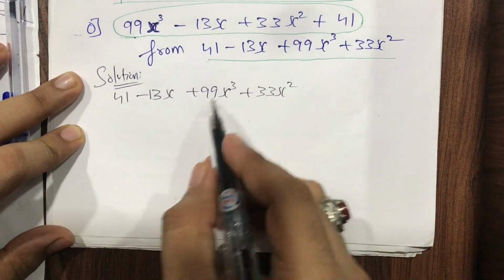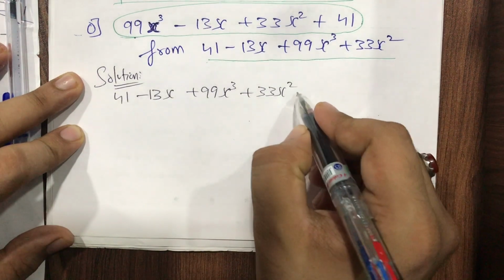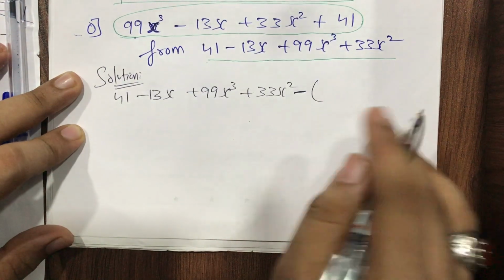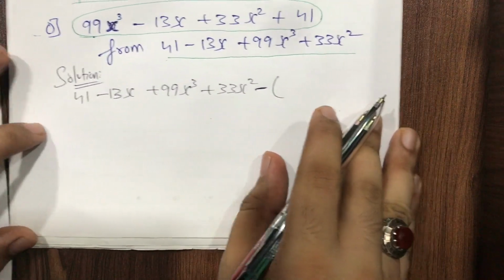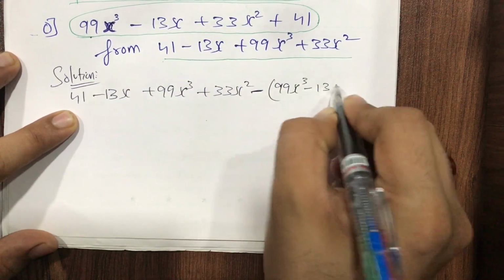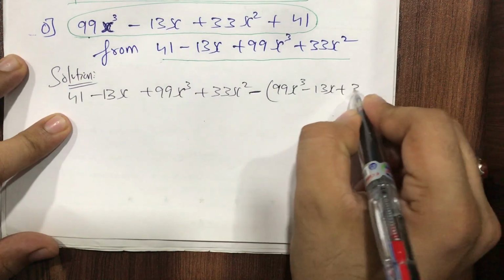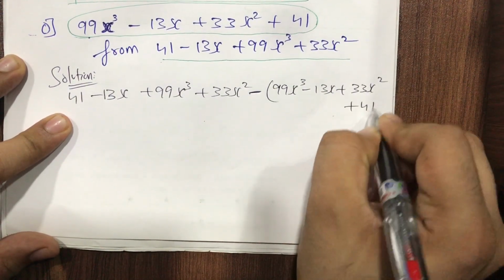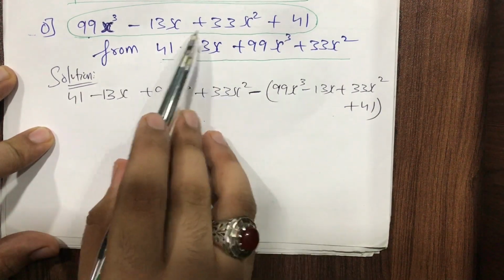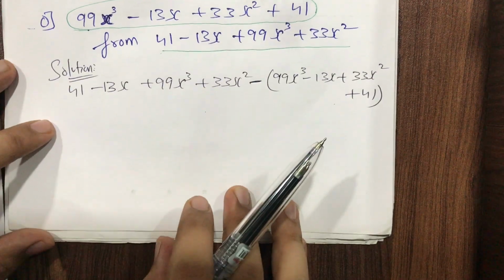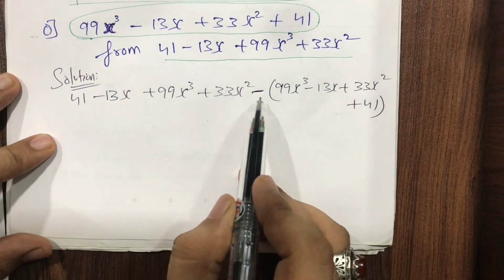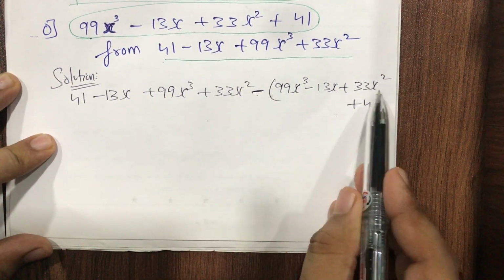I have to subtract this from this, so minus sign, and then I'll copy this bigger polynomial: 99x cube minus 13x plus 33x square plus 41. In the next step, we just have to open up the brackets because it's minus here. The signs of the second polynomial will change.